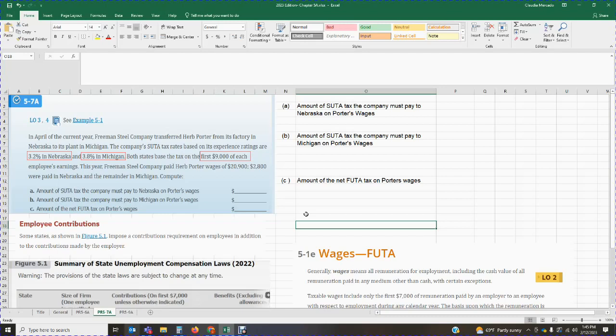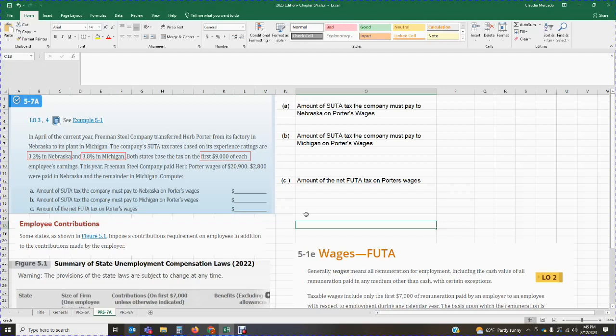Now, we need to remember, okay, for the federal unemployment tax, we will always pay taxes on the first $7,000 of earnings. This is for FUTA, okay? For the state unemployment tax, that amount will vary by state. In the last example that we reviewed, both the SUTA and FUTA cap was 7,000.